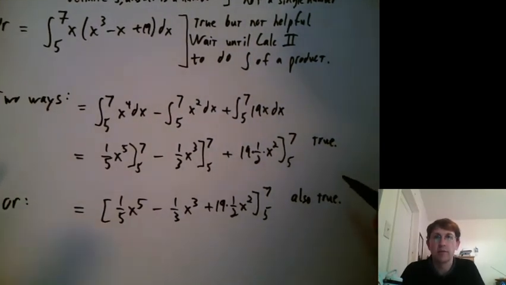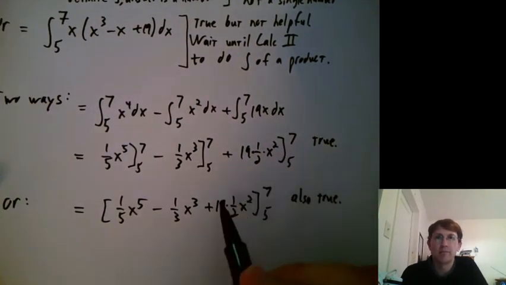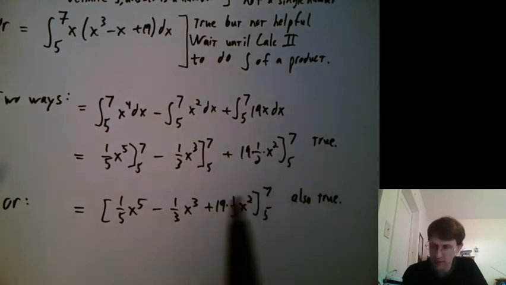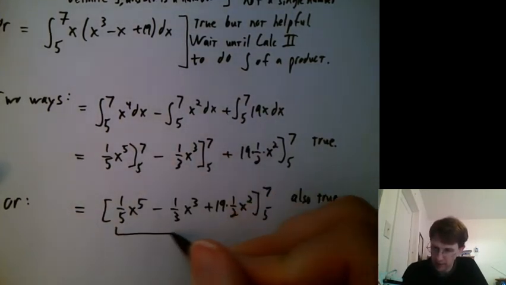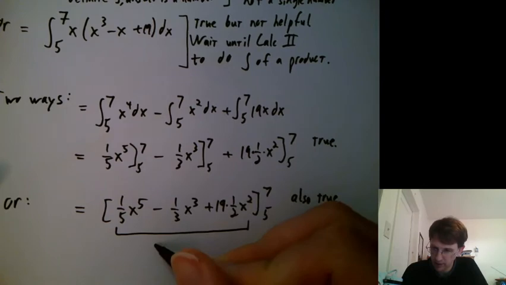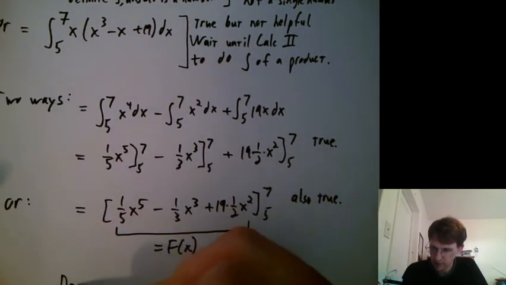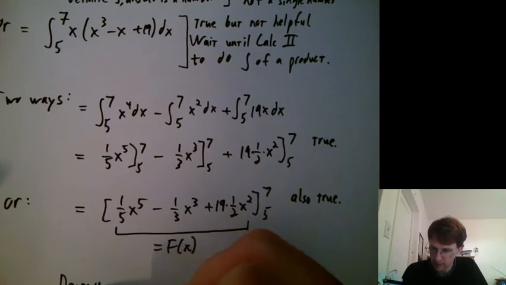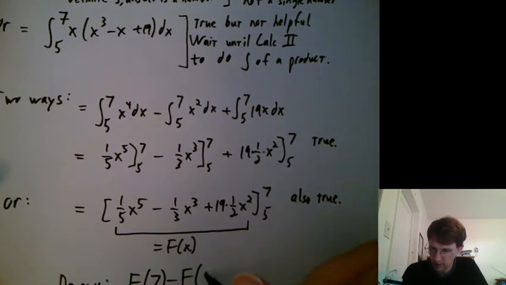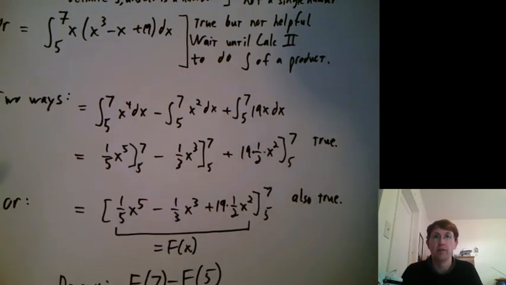Which of these seems better? Some people like the first one, but the reason I like this one is I could type this all in as big F of x, and then in Desmos, I could say big F of 7 minus big F of 5, and I'm done.